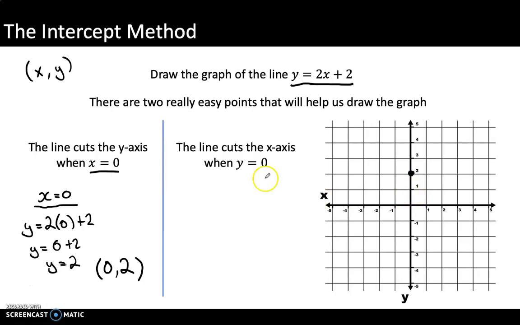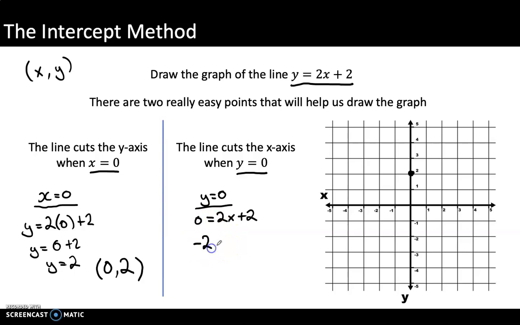Okay? Now we're going to do the same when y equals 0. So y equals 0. Instead of y, it's going to be 0 is equal to 2x plus 2. What I'm going to do is bring my 2x to the left-hand side.